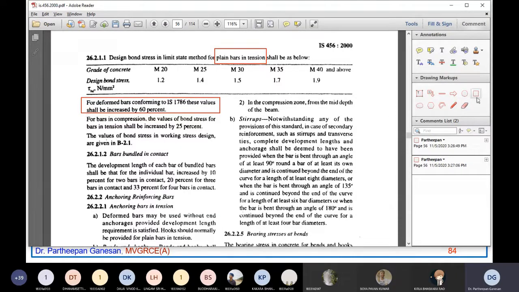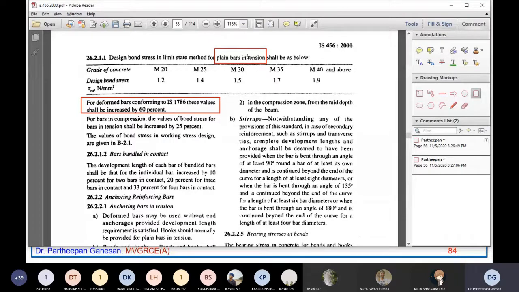Sometimes you have to check for the compression bar. First we will discuss this. Grade of concrete is given M20 to M40 and above. This is the design bond stress tau BD in Newton per millimeter square: 1.2, 1.4, 1.5, 1.7, 1.9. This is for mild steel or plain bar Fe 250 steel and the bar is in tension.